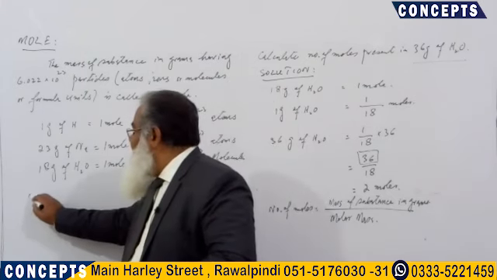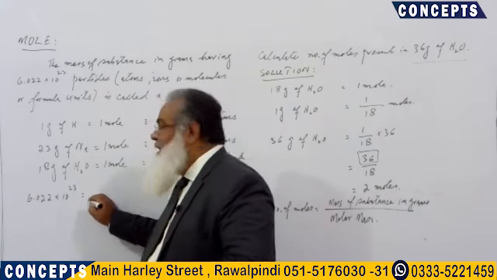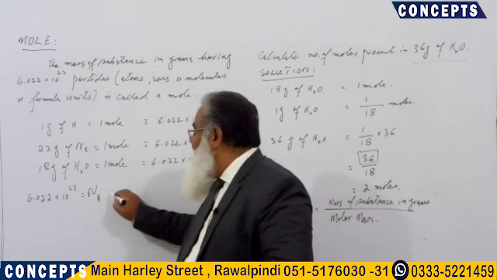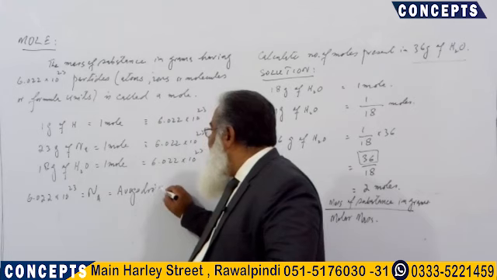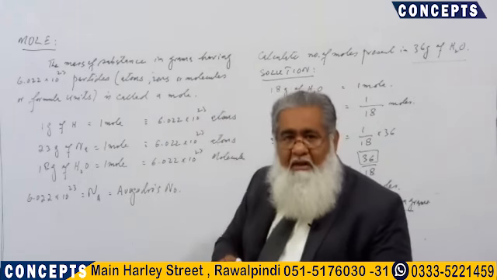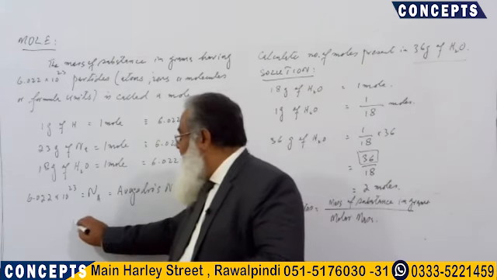This number, 6.022 × 10 raised to power 23, is generally represented by Na and is called Avogadro's number. If number of particles are given, how can we find number of moles?